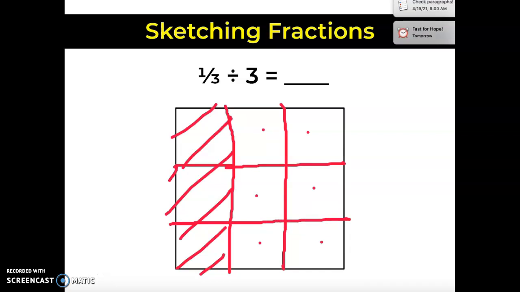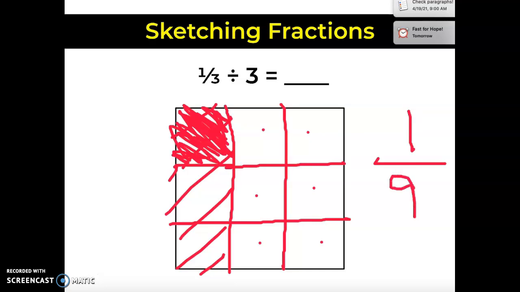So I had 1/3, and after I divided it by 3, now each person is going to get what size or what fraction of that pan of brownies. Well, they each get 1 piece out of how many total pieces on here? 9.